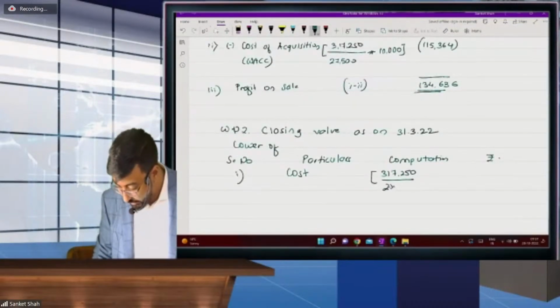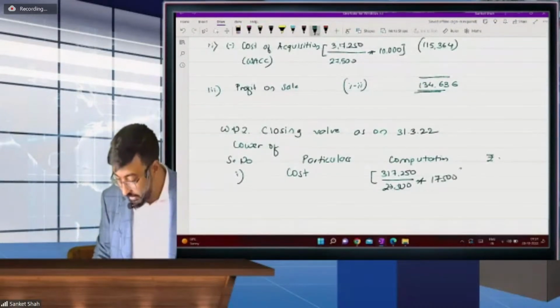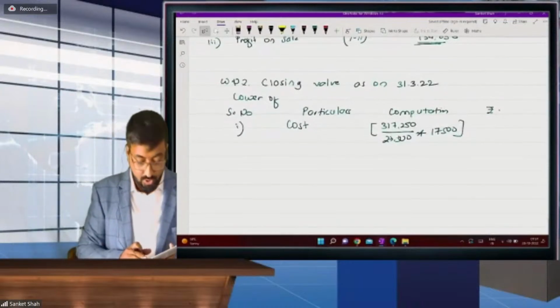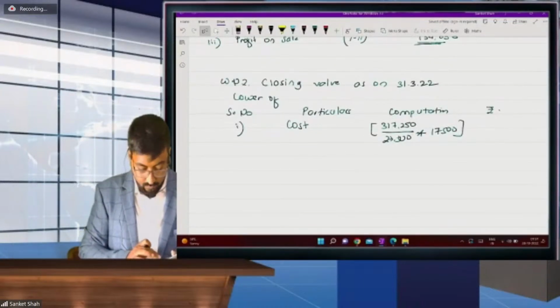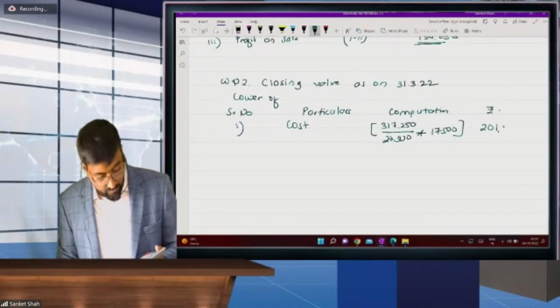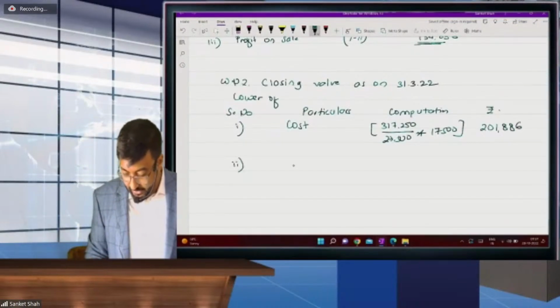3,17,250 divided by 27,500, and you are left with 17,500 shares because you sold 10,000 shares. That gives 201,886.